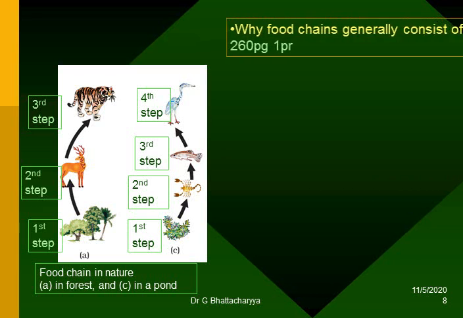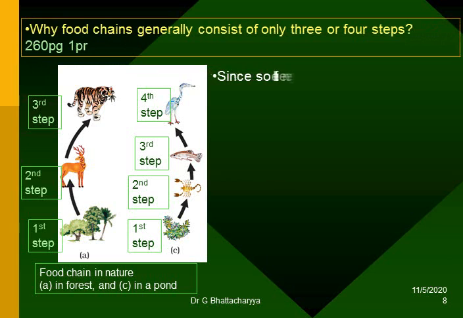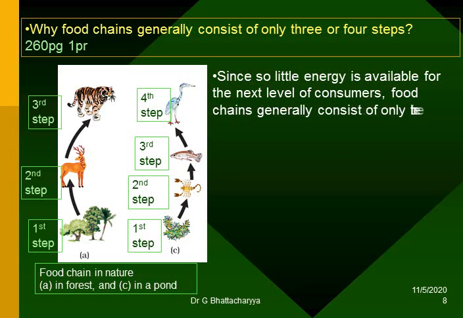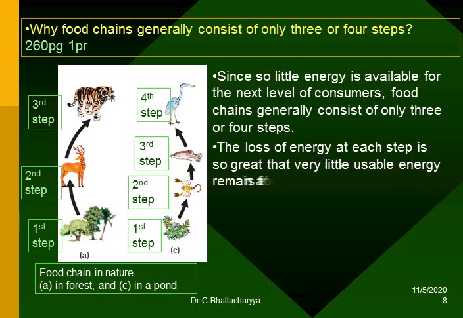Why food chains generally consist of only 3 or 4 steps? Since so little energy is available for the next level of consumers, food chains generally consist of only 3 or 4 steps. The loss of energy at each step is so great that very little usable energy remains after 4 trophic levels.